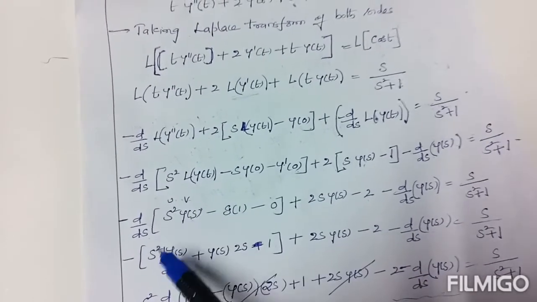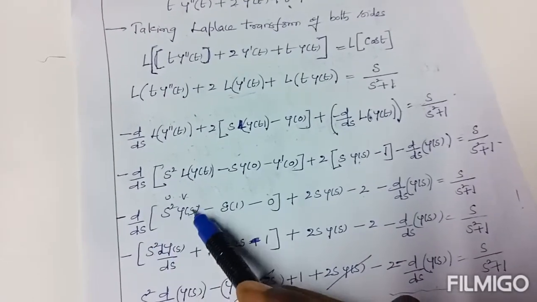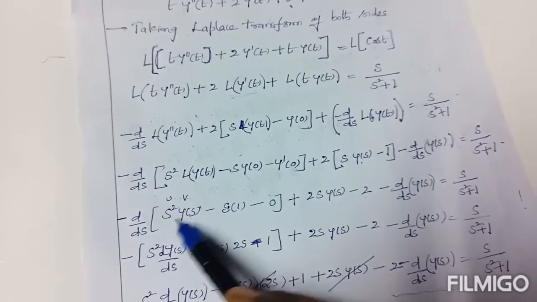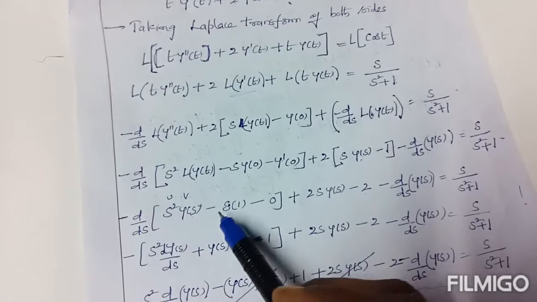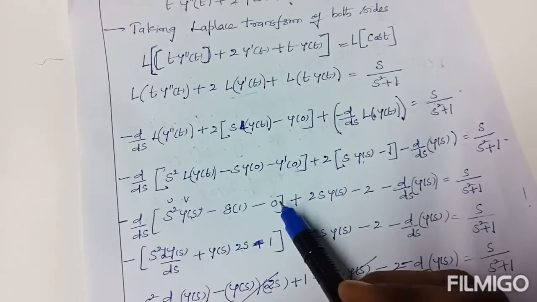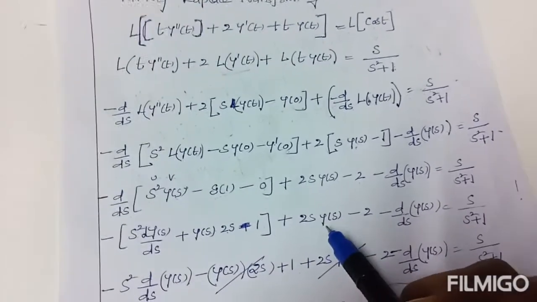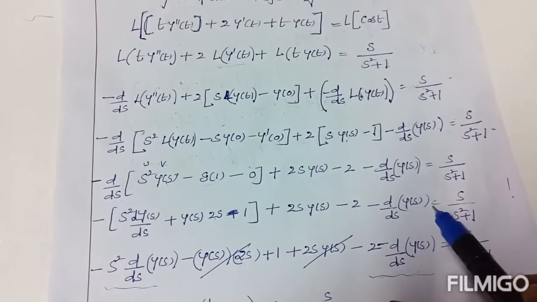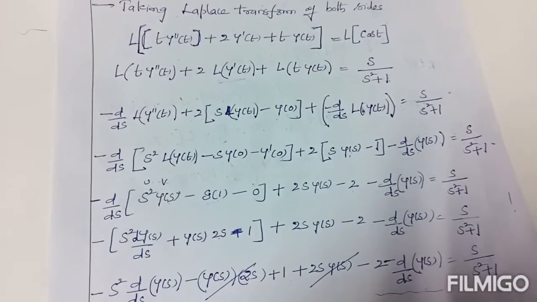As per that, s square as it is, d by ds of y of s, plus y of s as it is, d by ds of s square is 2s, minus d by ds of s is 1, remaining is 0, plus 2s y of s minus 2, minus d by ds of y of s equal to s by s square plus 1.